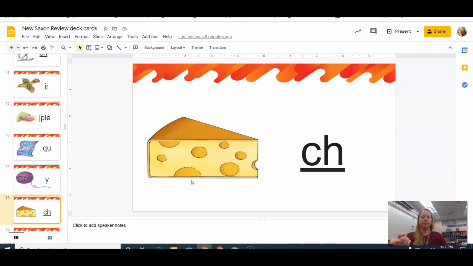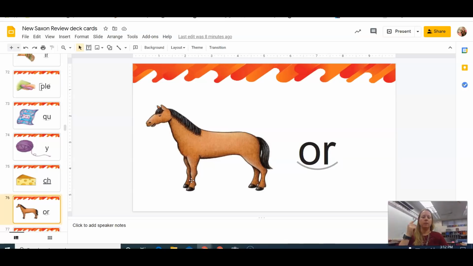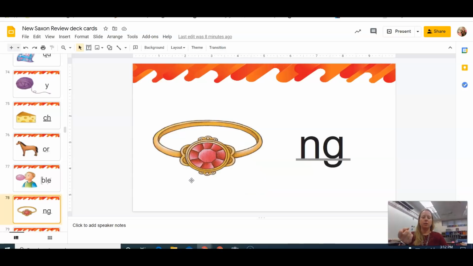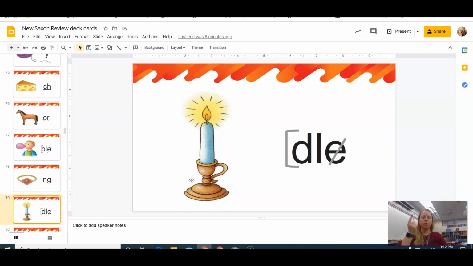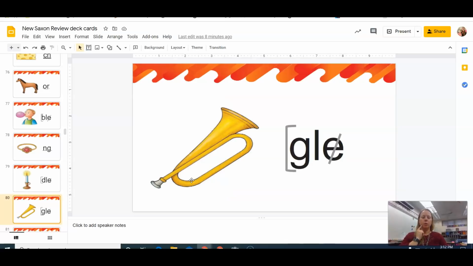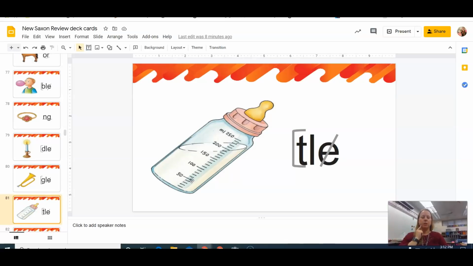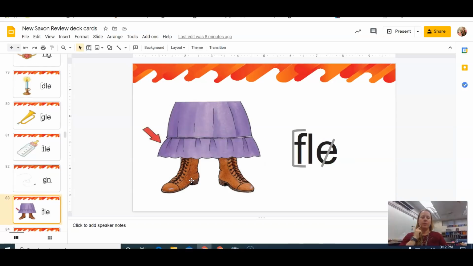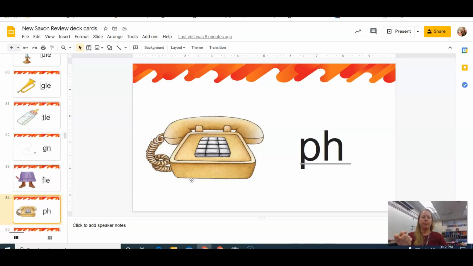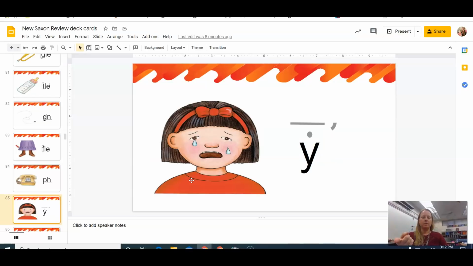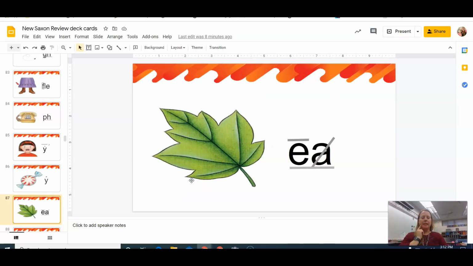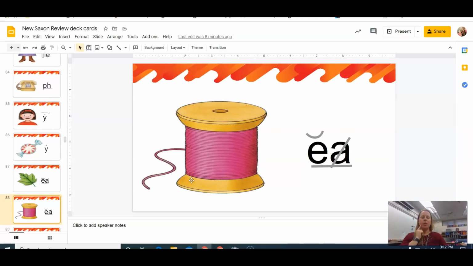Cheese, ch. Horse, or. Bubble, bull. Ring, ng. Candle, dole. Bugle, gul. Bottle, tool. Gnat, n. Ruffle, full. Phone. Cry, i. Candy, e. Leaf, e. Thread.